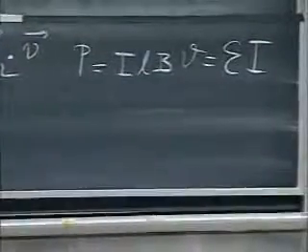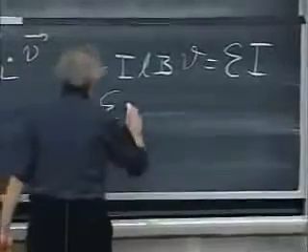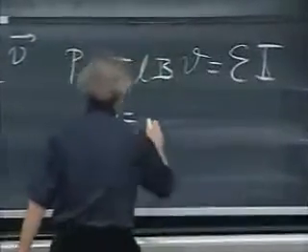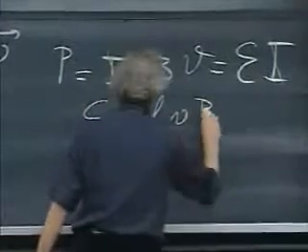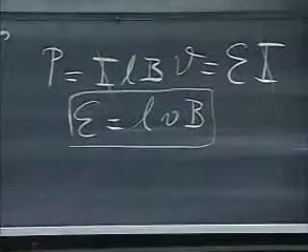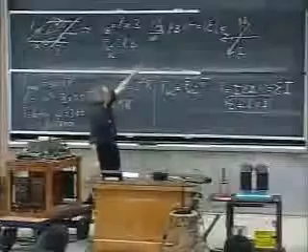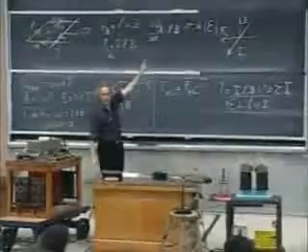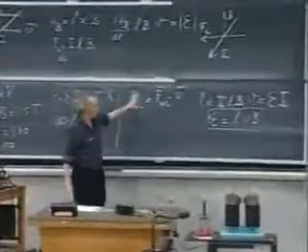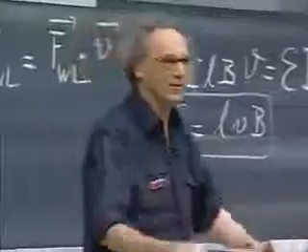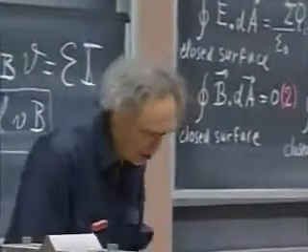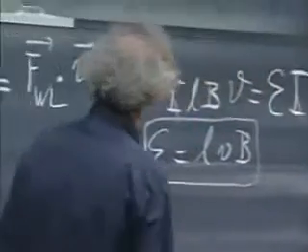And notice now that the EMF, therefore, is L times B times V. And so now I have shown you that the EMF is exactly what I found before in terms of magnitude, but now I have not used Faraday's law. This is purely a derivation based off the work that I do and the work per unit time. So it's interesting that you can also think of it that way.